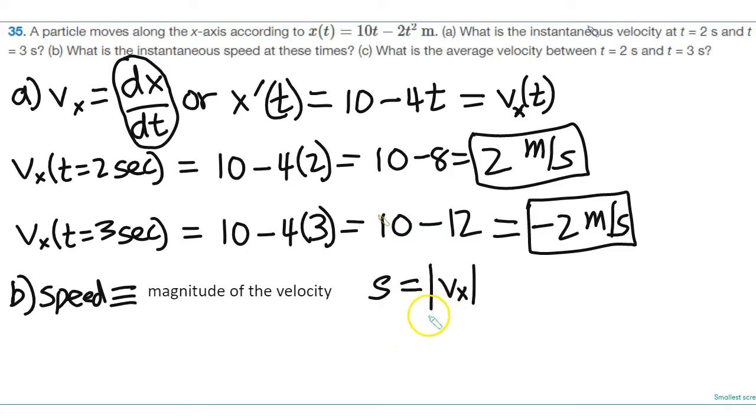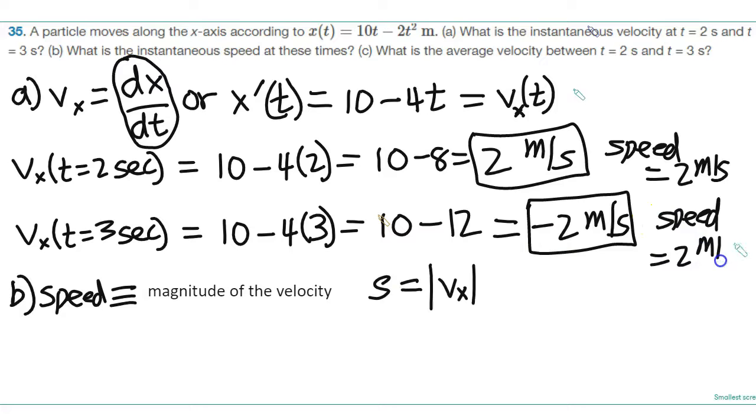That's a more mathematical way to say this. The speed is just the magnitude, irrelevant if it's positive or negative. So I want to know, what is the instantaneous speed at those times? In this case, I think the speed is equal to 2 meters per second. And then the speed, even at 3 seconds, is 2 meters a second.